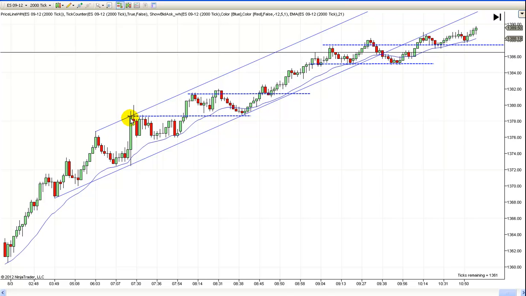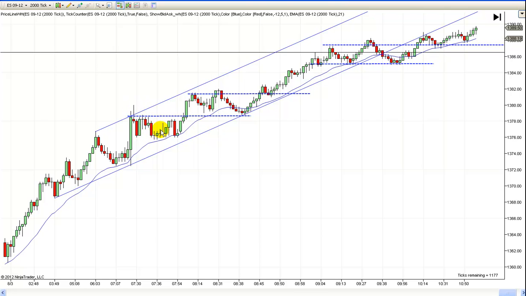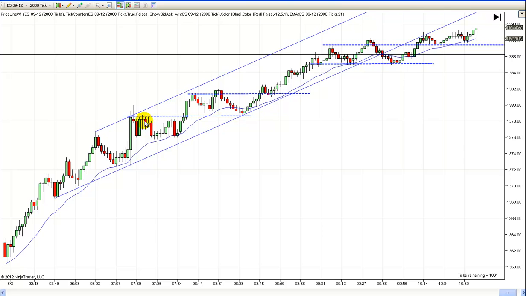They get a couple ticks in their favor for a split second, and the next thing you know, it's correcting. It looks like it's about to go short, and all of a sudden, when they see this big bar going down, they say, heck, I'm on the wrong side, and they probably reverse, and then they're short.